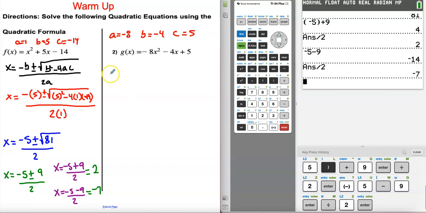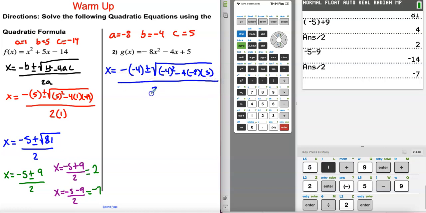Substituting those into the quadratic formula, I get x is equal to negative negative 4 plus or minus the square root of b, which is negative 4, but I'm going to square it, minus 4 times negative 8 times 5. And this is all divided by 2 times negative 8.